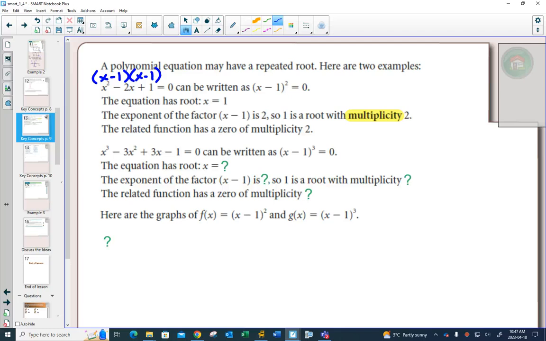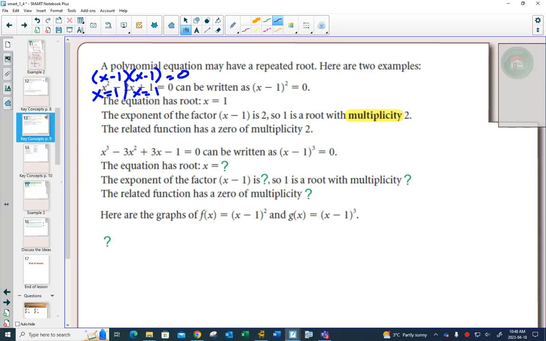Okay, so if you factored it this way, and you're like, oh, what are my x-intercepts? You would get x equals 1 twice. So what we're going to say is that that is a root or a 0 with a multiplicity of 2, because it happened twice. So the word multiplicity is just used for how many times an x-intercept shows up in the factors.